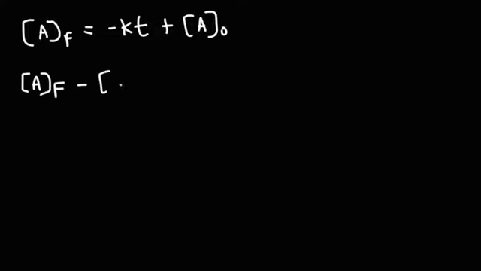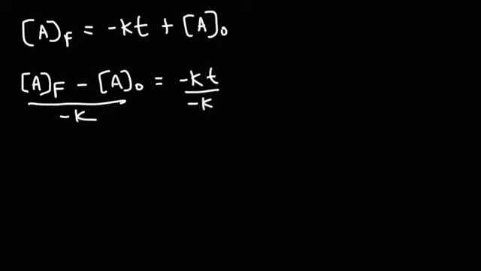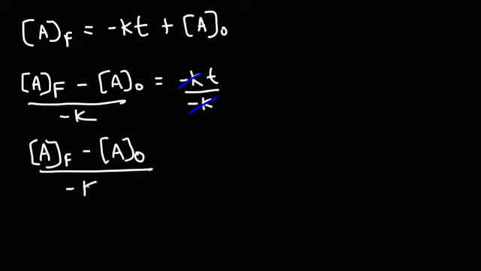So on the left, it's going to be A final minus A initial, which is equal to negative kt. And then I'm going to divide both sides by negative k. So at this point, we have the change in concentration, final minus initial, over the rate constant k is equal to t.